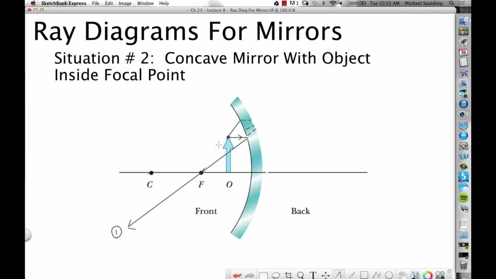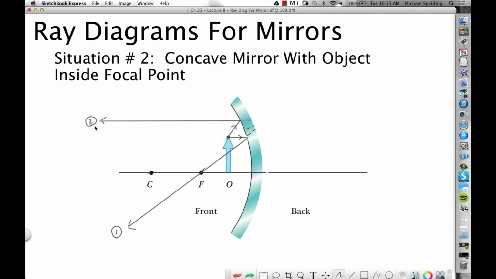So that ray comes in, hits the mirror, and then what? Goes parallel, right? Focal point, then parallel, like that. You guys with me? Any questions on that? So we went parallel, focal point, then focal point, parallel, like that.